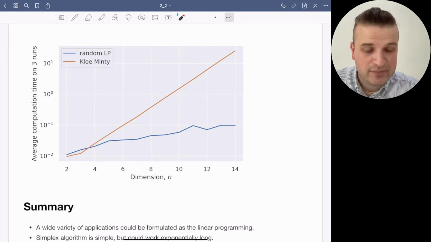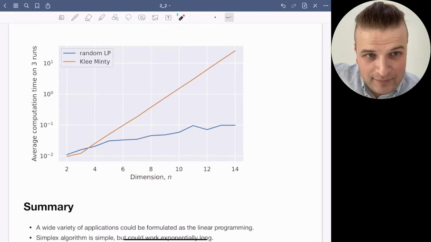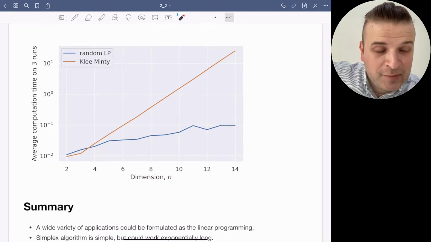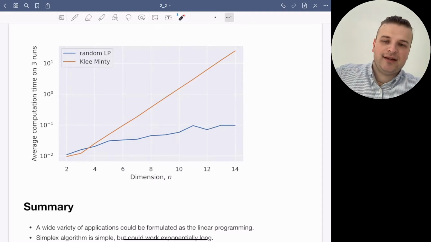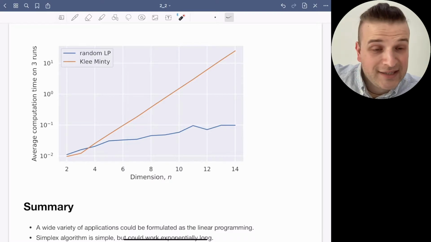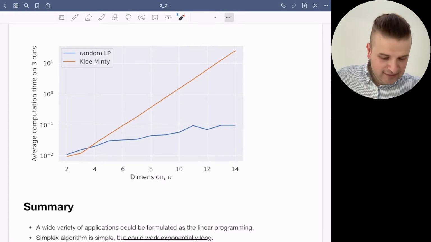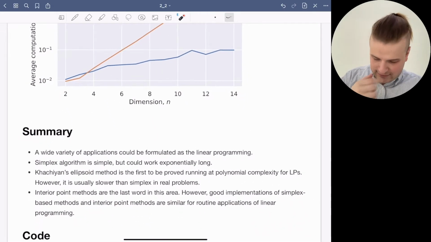Why does this happen? We have to construct some suitable theoretical explanation for this fact, but it's probably not the question of our lecture today, but still it's a very interesting problem.